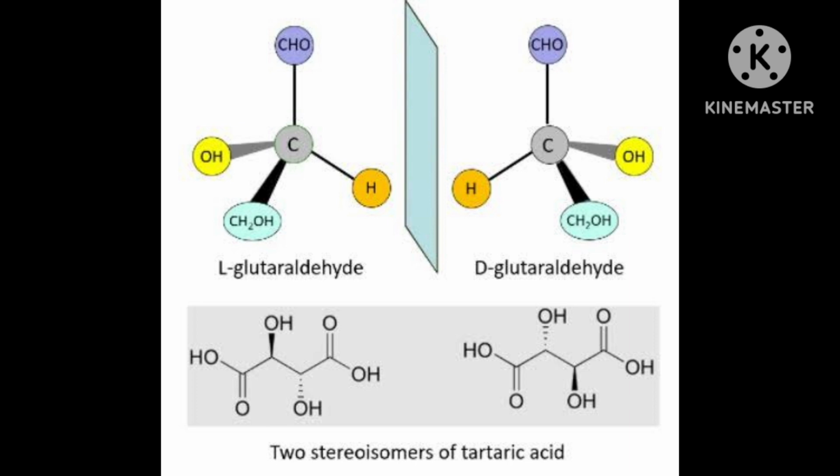Then you can write cis dash 3, 4 dimethyl, diethyl, or you can write dimethyl ethyl. Better you write dimethyl ethyl, because on carbon number 3 and 4 both methyl group and ethyl group are there. Hence you can write cis dash 3, 4 dash dimethyl ethyl 3-ene, because the double bond is at carbon number 3.